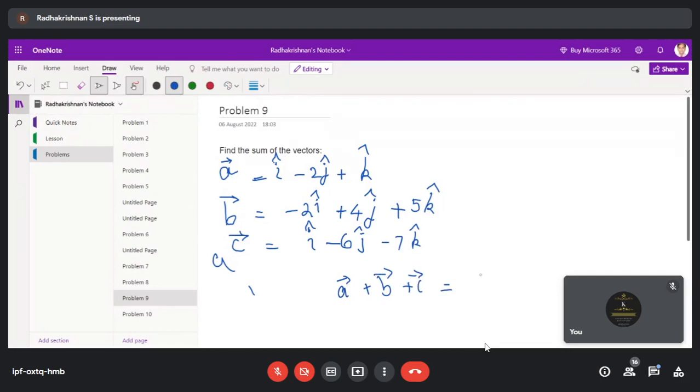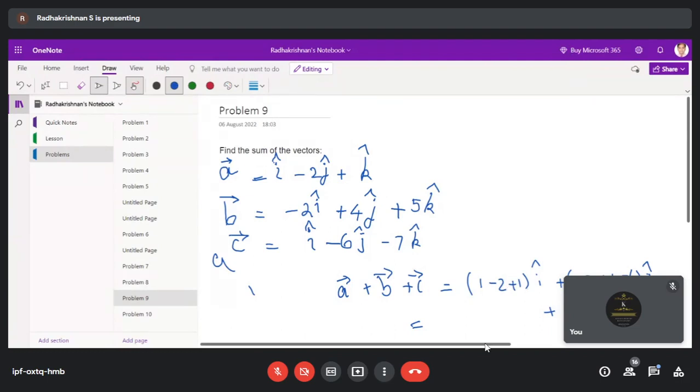We can simply add the components here, right? 1 minus 2 plus 1, that becomes 0, so there is no i cap now.